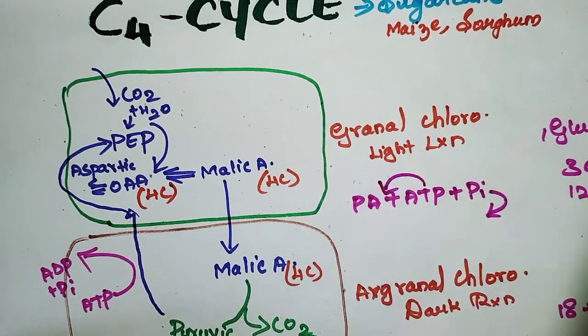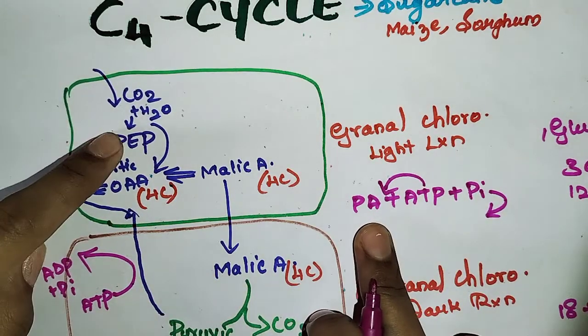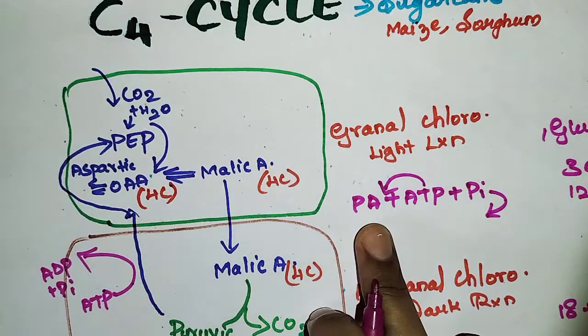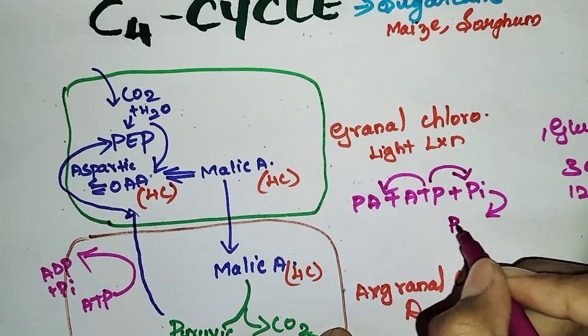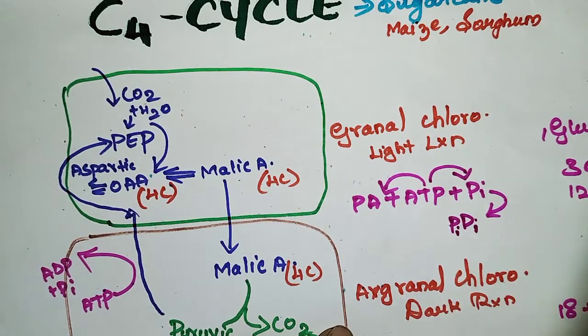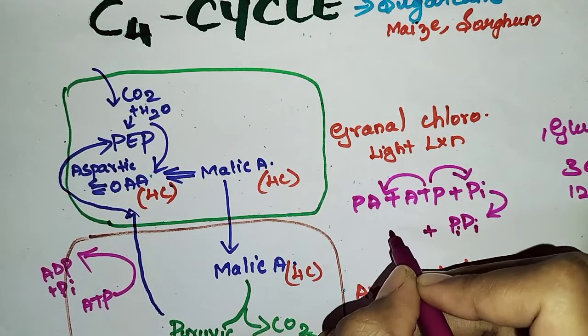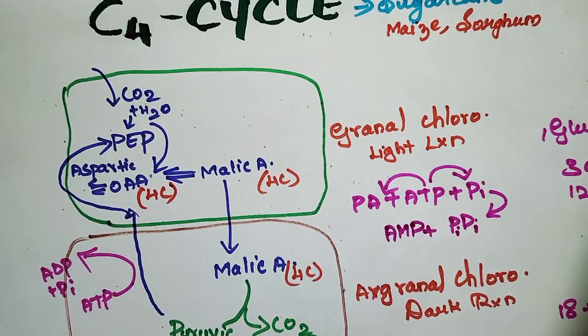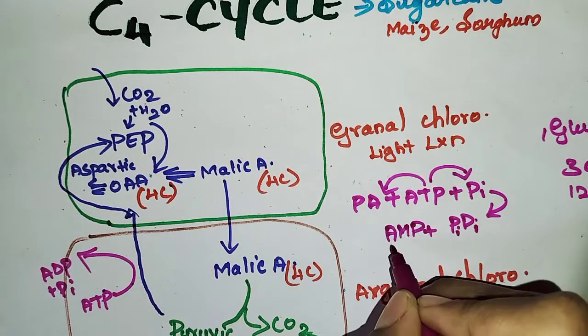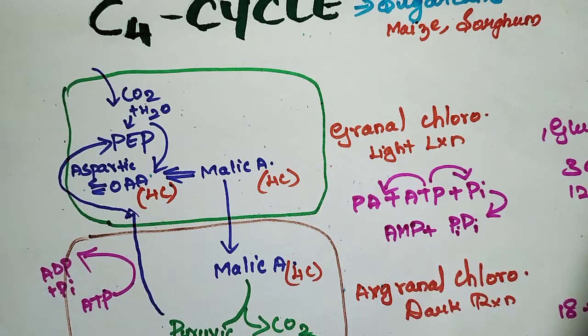One phosphate goes to this pyruvic acid and regenerated as phosphoenol pyruvate, and the other goes to here and forms as 2 inorganic phosphate. Then one monophosphate is free. This AMP is very unstable.